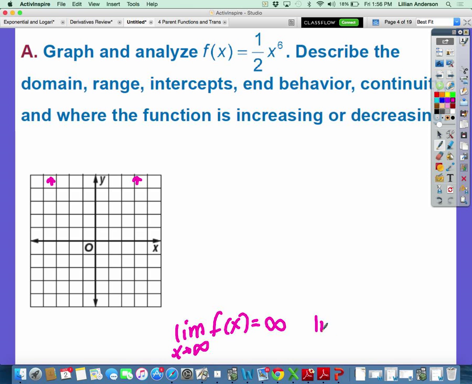And as x approaches negative infinity, what's happening to my y's? They're still getting bigger, to infinity. And do realize you see how much space you have? Please make sure you accommodate for that space.